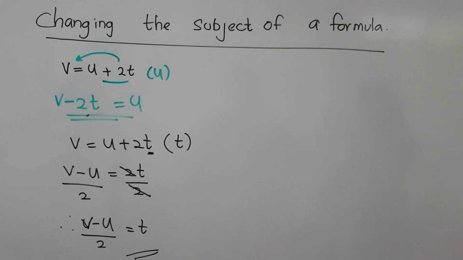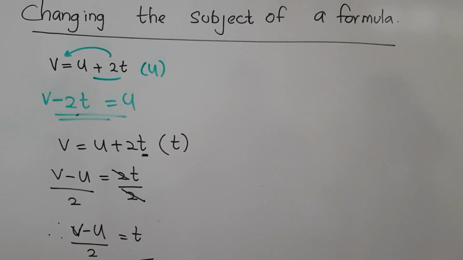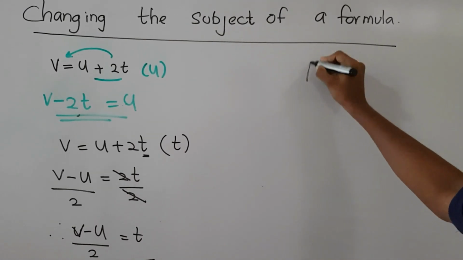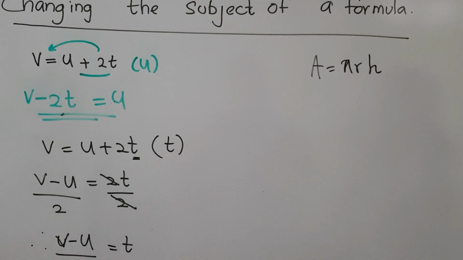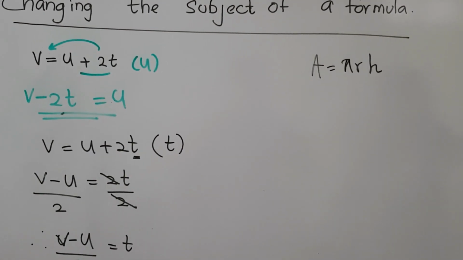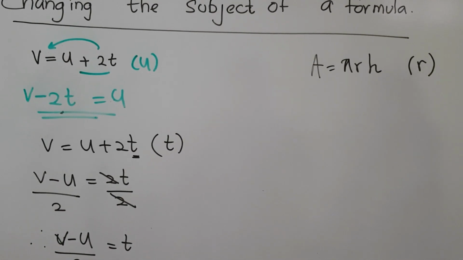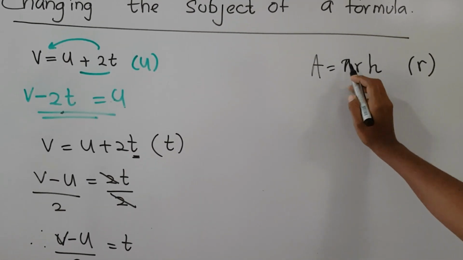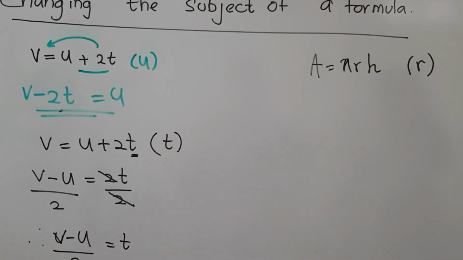Likewise, moving on to another example, let's see if you have A equals to pi R H. In this, A is the subject, and when they ask us to make R the subject, like I already told you all, when there is no sign, it's multiplication.